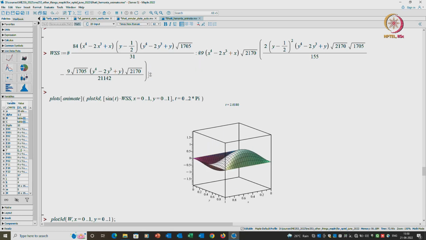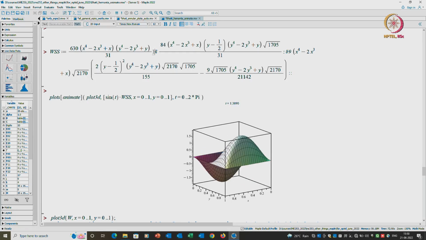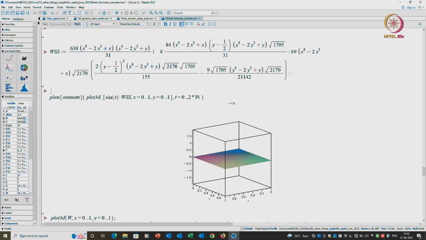Okay. Now, this is the first mode. Okay. So, let us continue with the remaining part of the lecture.